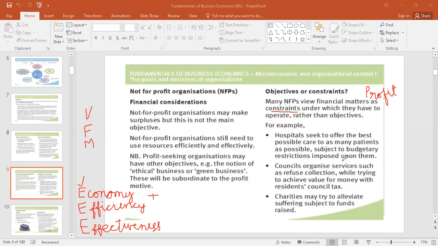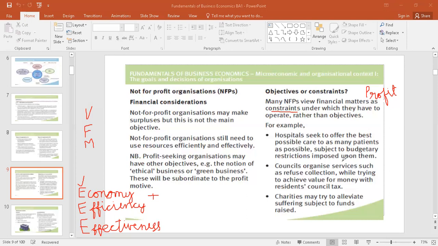Their primary objective is definitely to provide service, but they should work under a constraint, under a limit, under a budgetary control to economize on the cost. Without economizing on the cost, there may be a possibility that the set goal or objective or purpose is not achieved. So that is one thing we have to look into, subject to budgetary restrictions imposed upon them.